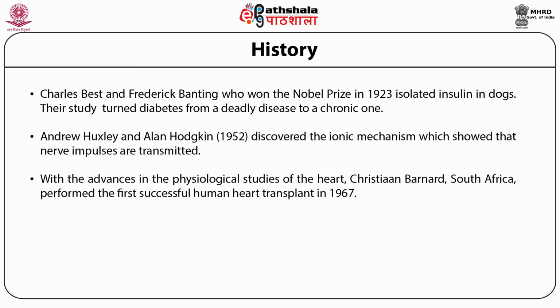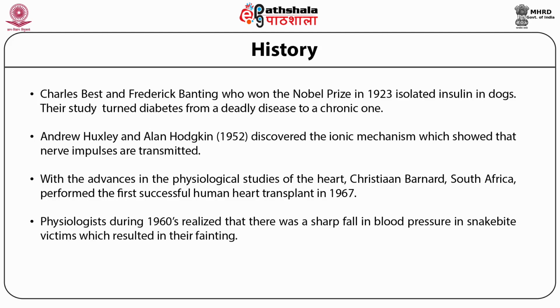With the advances in the physiological studies of the heart, Christiaan Barnard from South Africa performed the first successful human heart transplant in 1967. Physiologists during the 1960s realized that there was a sharp fall in blood pressure in snake bite victims, which resulted in their fainting.